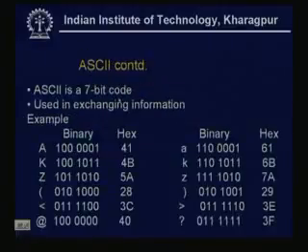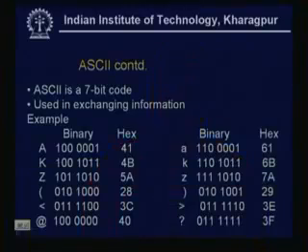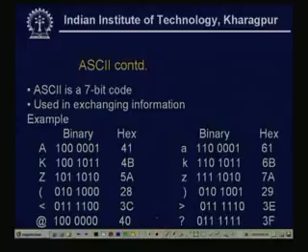ASCII is a 7-bit code normally used in exchanging information. In our keyboard, when we press A, it is immediately converted to a 7-bit binary number. This is predefined.